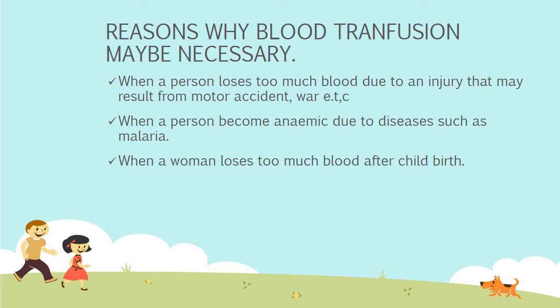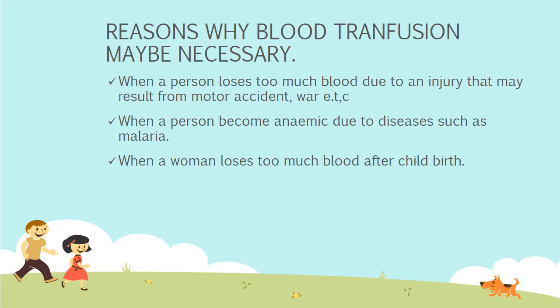When a person becomes anemic due to diseases such as malaria. Anemia is lack of iron in the blood. And so when somebody is anemic, you see that they don't have enough blood, and this condition may need transfusion.